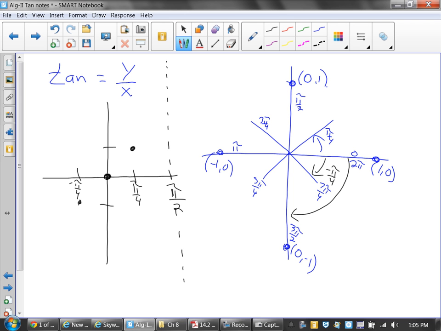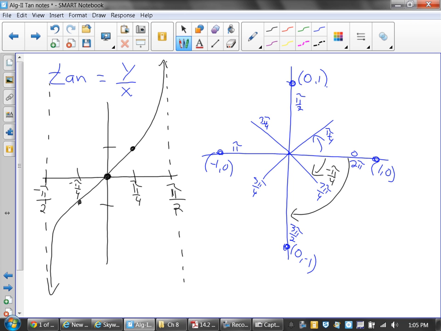So at negative pi over 2, you have another vertical asymptote. Can that curve get outside the asymptote? It's going to get infinitely closer and closer to it, but it's never going to jump the asymptote. So what happens here is you get this curve that's increasing from negative infinity to positive infinity, going from left to right.